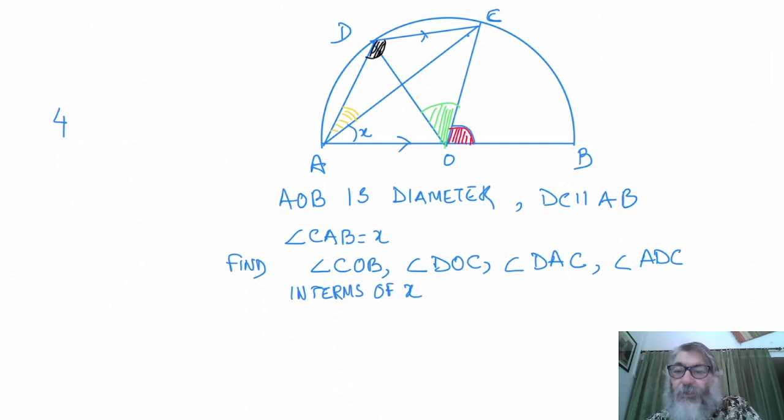DC is parallel to AB, and angle CAB is x. We have to calculate everything in terms of x, whatever angles like COB. COB is in red, so let's write COB in red only.